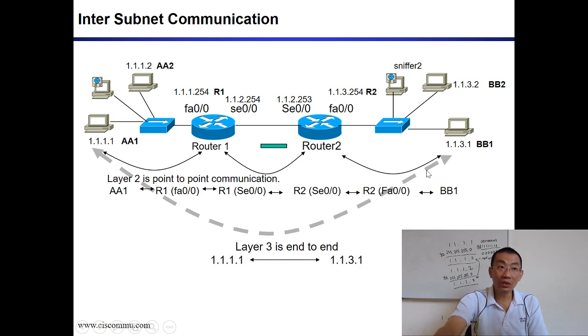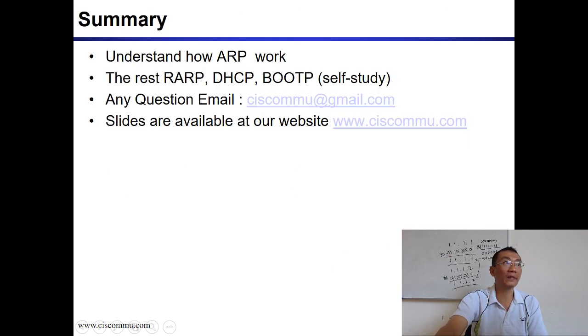So end-to-end communication using IP is end to end. The IP address does not change, whereas the MAC address will change in every network. That's why they say layer 2 is point to point, layer 3 is end to end.